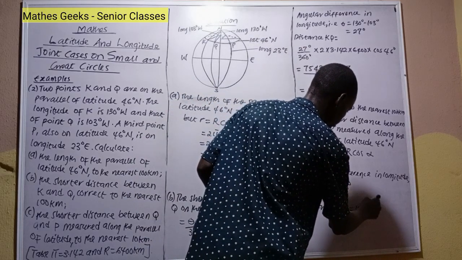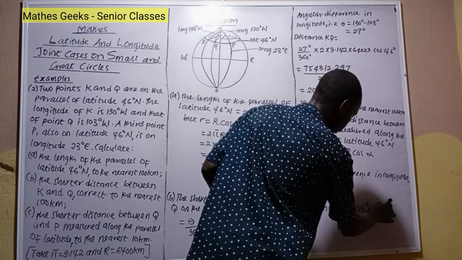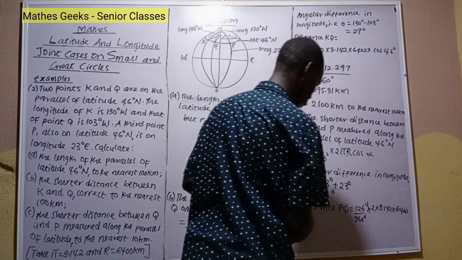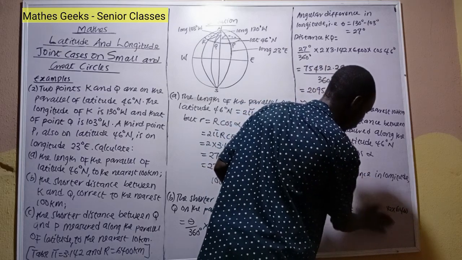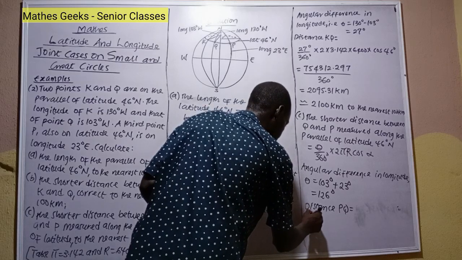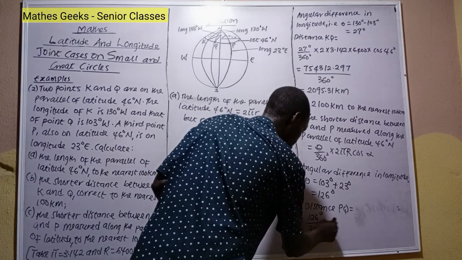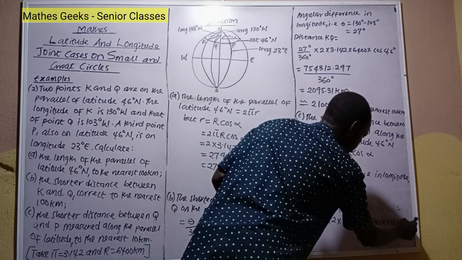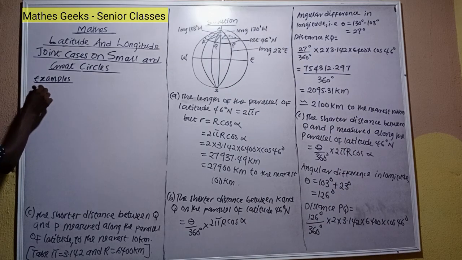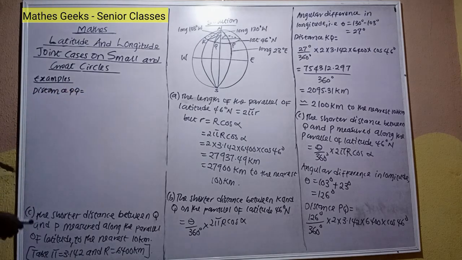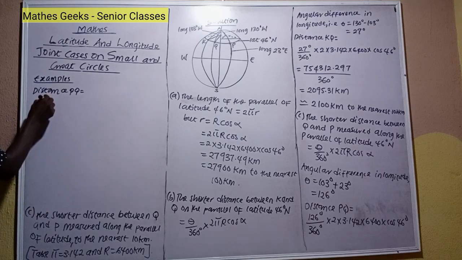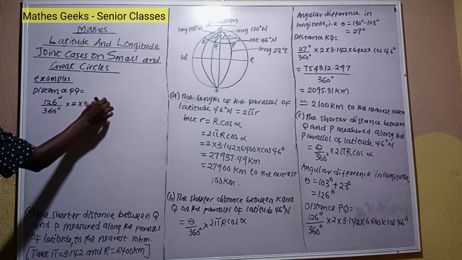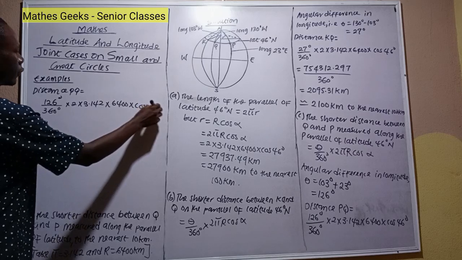Distance PQ is equal to theta 126 degrees over 360 degrees times 2 times 3.142 times 6,400 times cos 46 degrees.